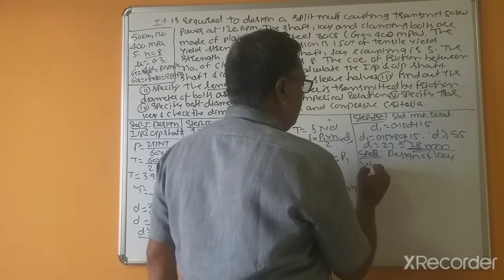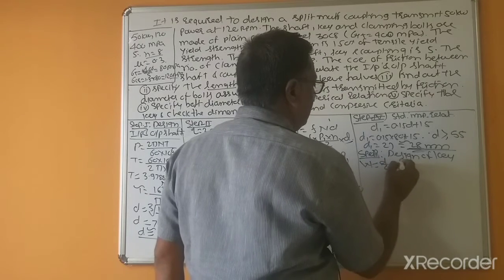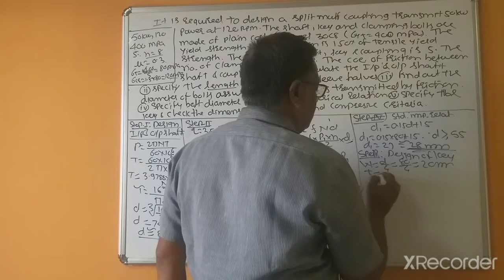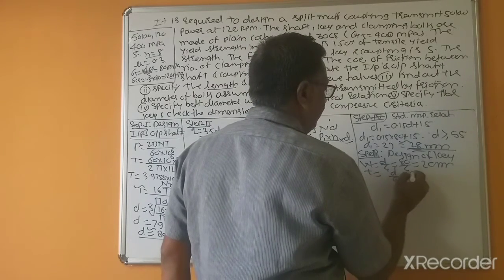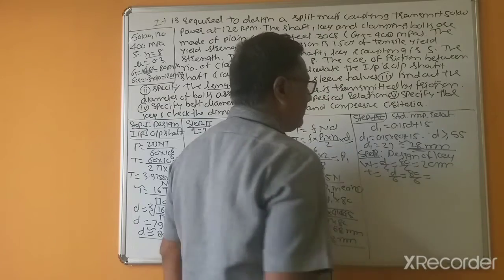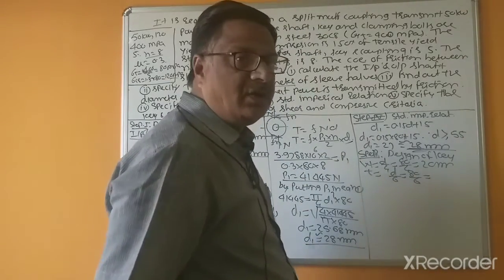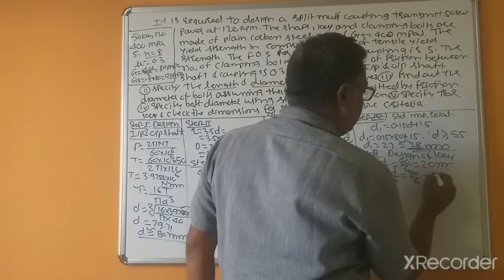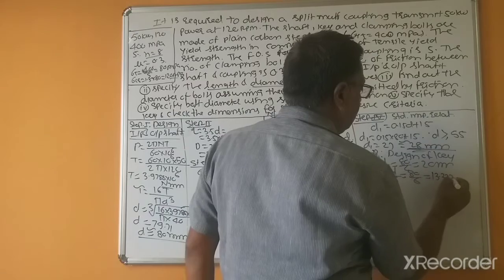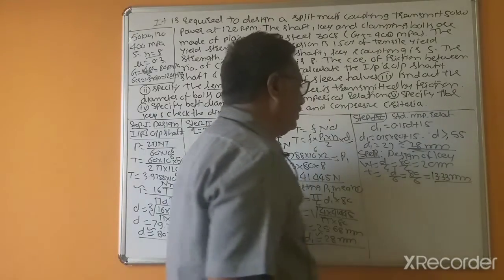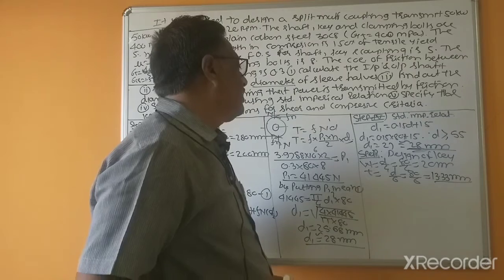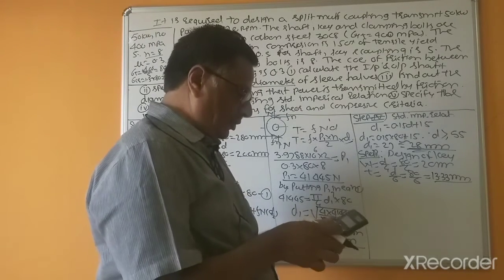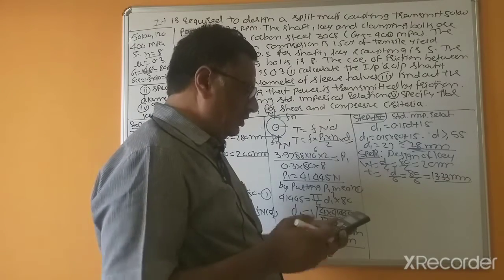Now width equal to D by 4, 80 by 4, 20 mm, thickness equal to D by 6, 80 divided by 6 means 40 divided by 3, and 40 divided by 3 means 13.33. This is correct, 80 divided by 6, right.